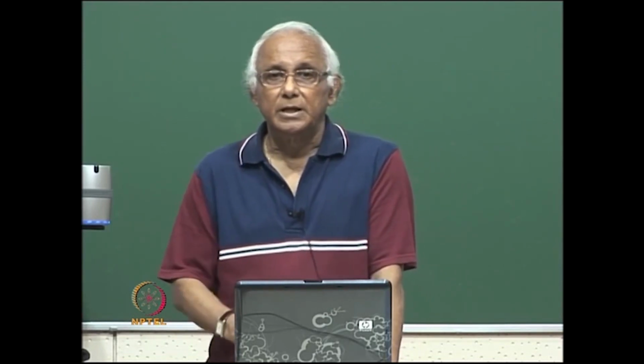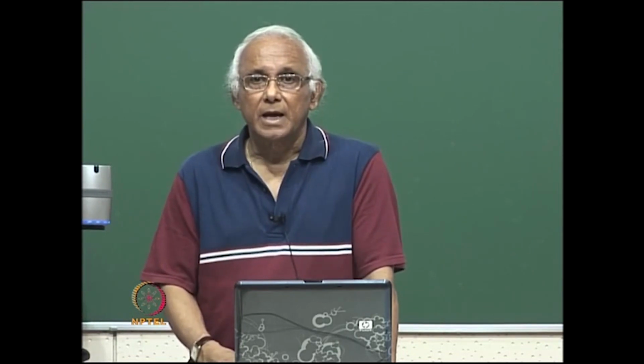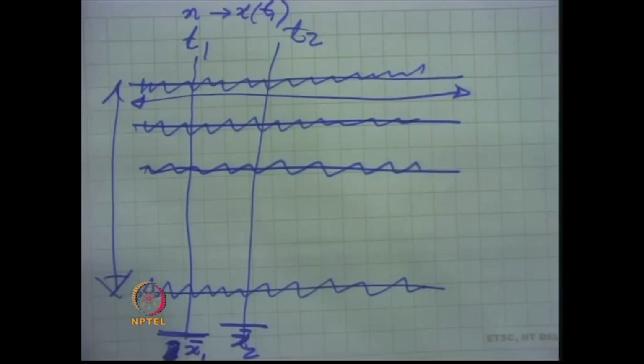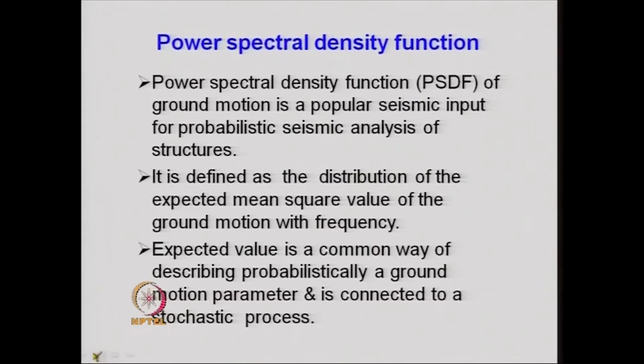So, the random process can be said to have a unique mean square value. The distribution of this expected mean square value of the ground motion with frequency is called the power spectral density function.